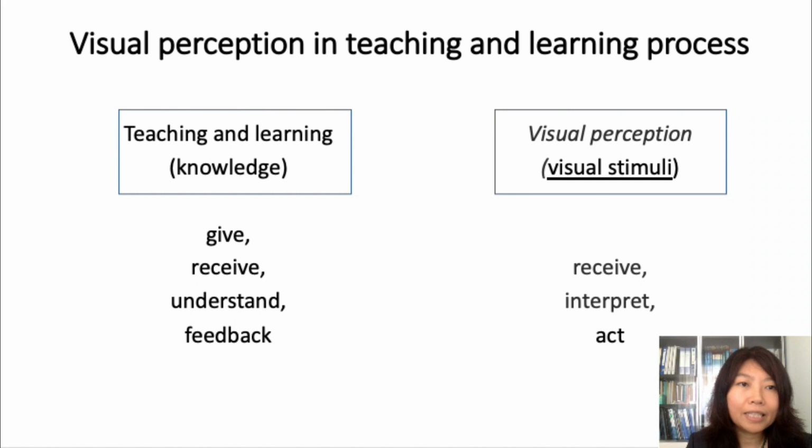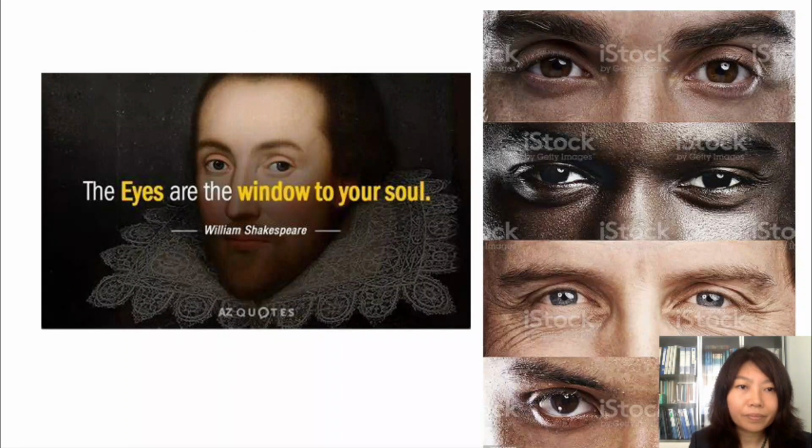And finally, we see here that the process of teaching and learning and the process of visual perception are very similar. And this is what is happening in the classroom and in sports. And finally, our eyes are not just for getting information and interpreting.